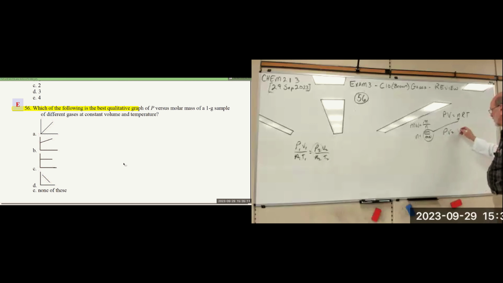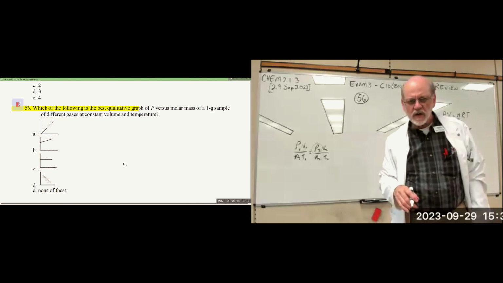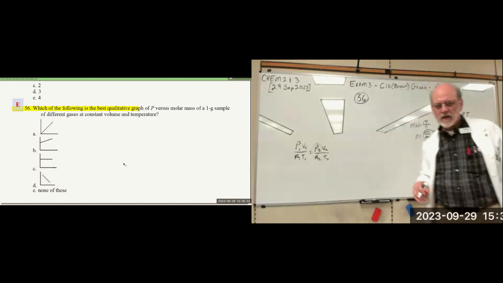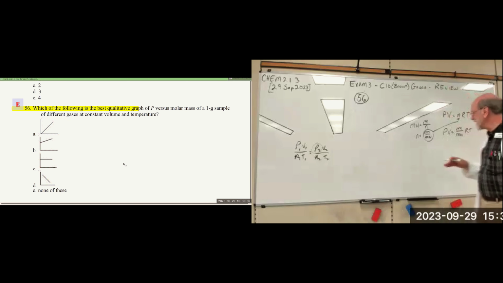Pressure, volume equals mass and molar mass, in RT. Okay, are there any in here that are constant? Well, let's see. The conditions were constant volume and temperature.